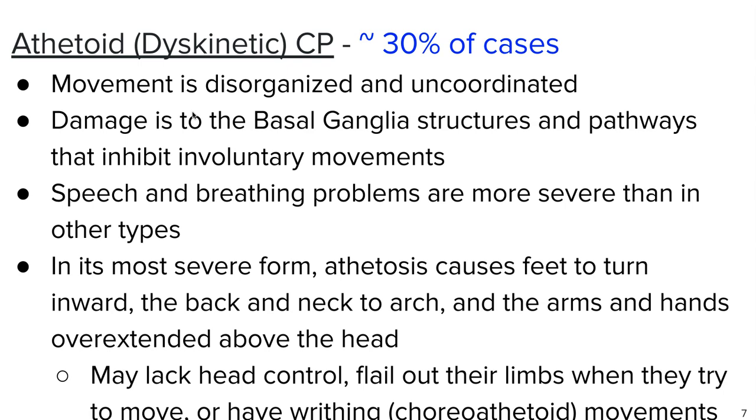The second most common, in about 30% of cases of kids with CP and adults, is going to be athetoid CP, where movement is disorganized and uncoordinated. The damage here is usually to the basal ganglia, and speech and breathing problems are going to be more severe than in other types of disorders.